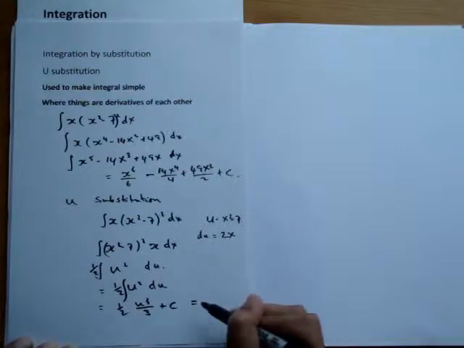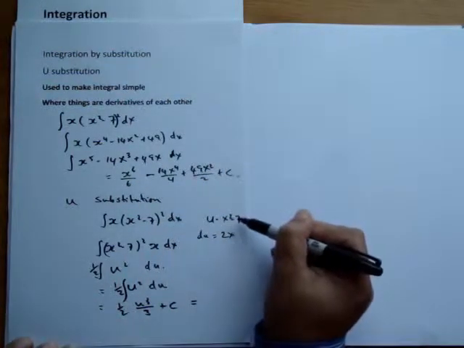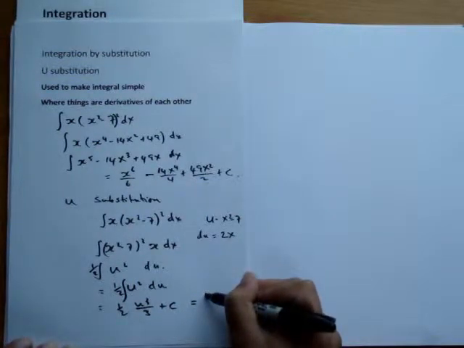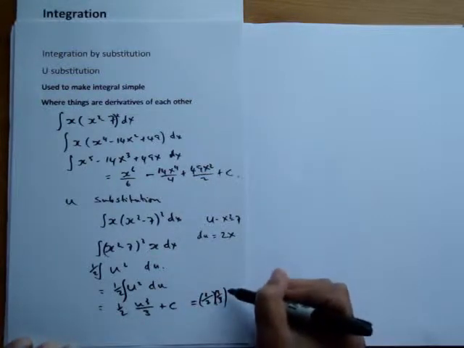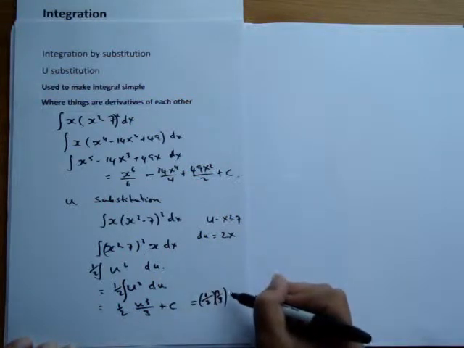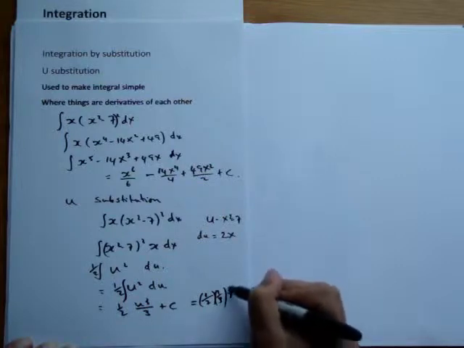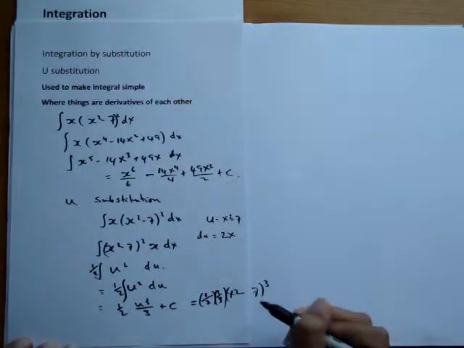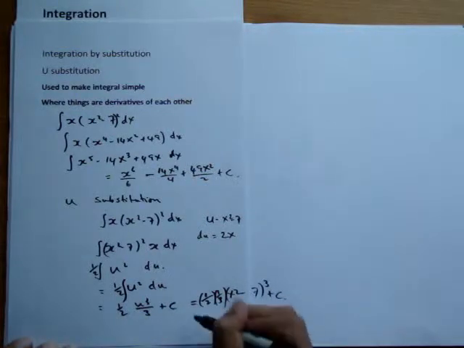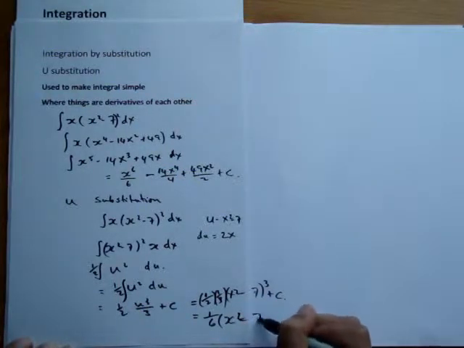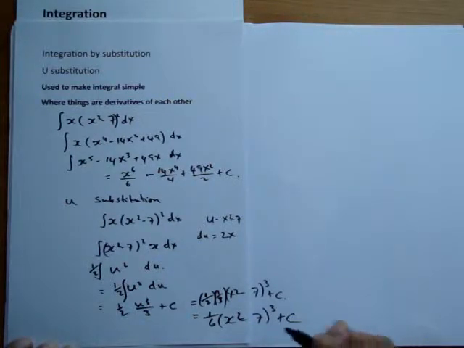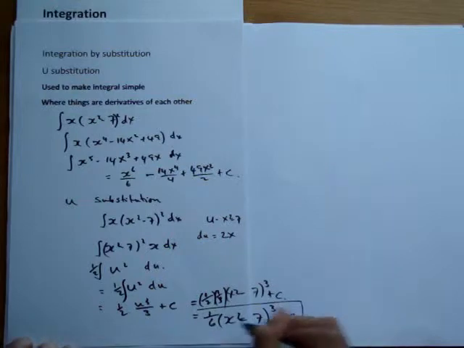When we replace the u with the original, here x squared minus 7, we get a half times a third u to the power 3, which is (x squared minus 7) cubed plus c, and that equals 1/6 (x squared minus 7) to the power 3 plus c, and that is our answer.